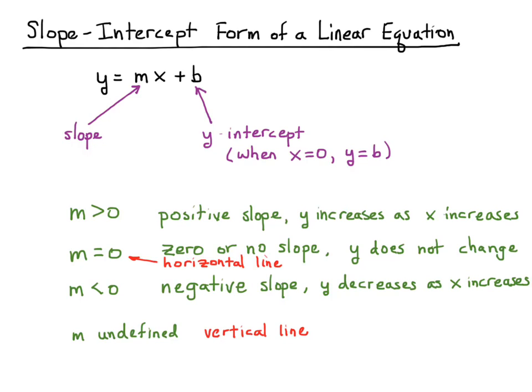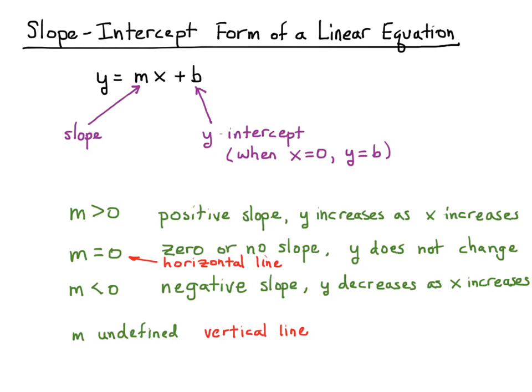Now, if we have the other case where we're looking at a vertical line, let's say here's my vertical line. And so I not only have this point that's 1, 4, but let's say I also have this point which corresponds to 1, negative 4.